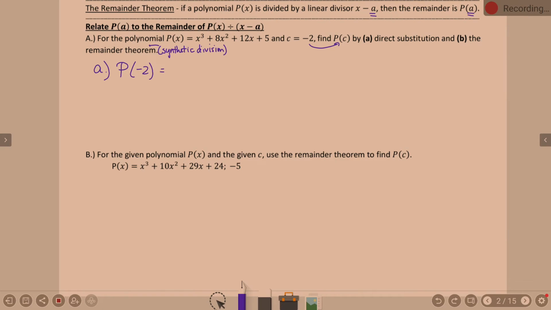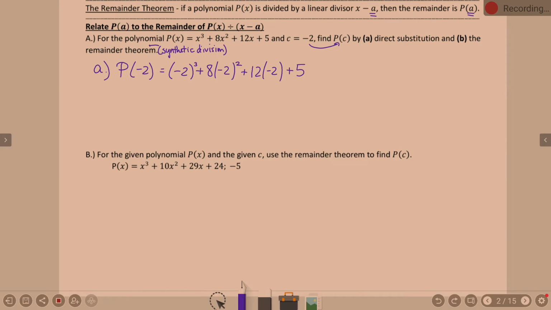Yes. So since it says x cubed, I'm going to say -2 cubed plus 8x squared is 8 times -2 squared plus 12x is 12 times -2 plus 5. This is one way to find your remainder.